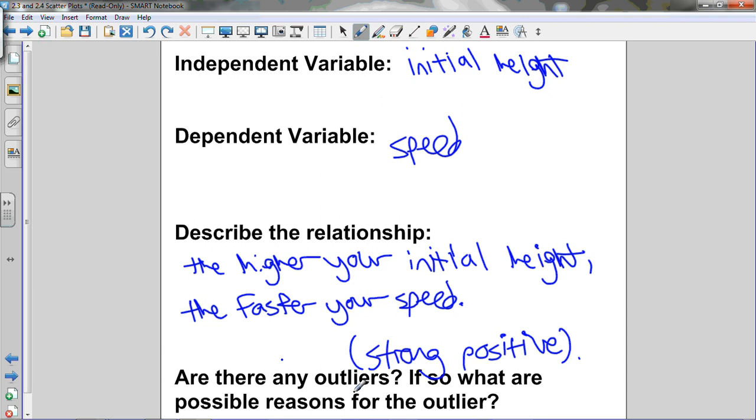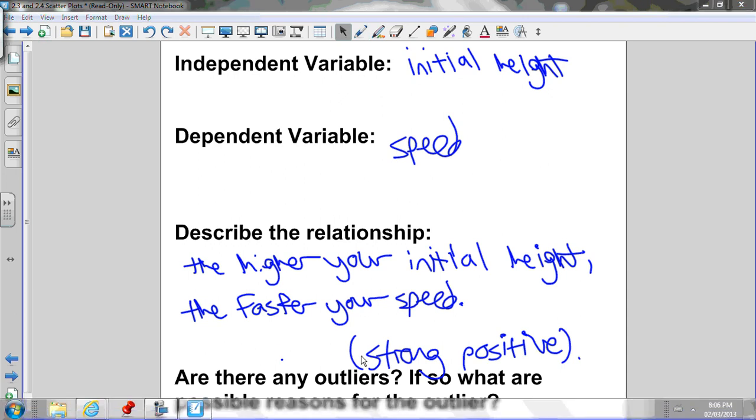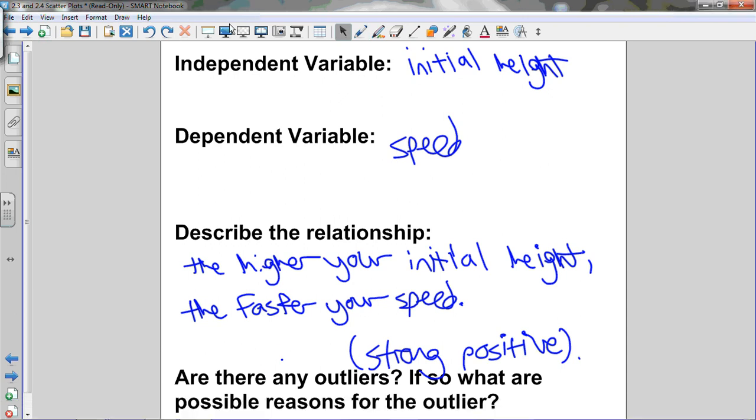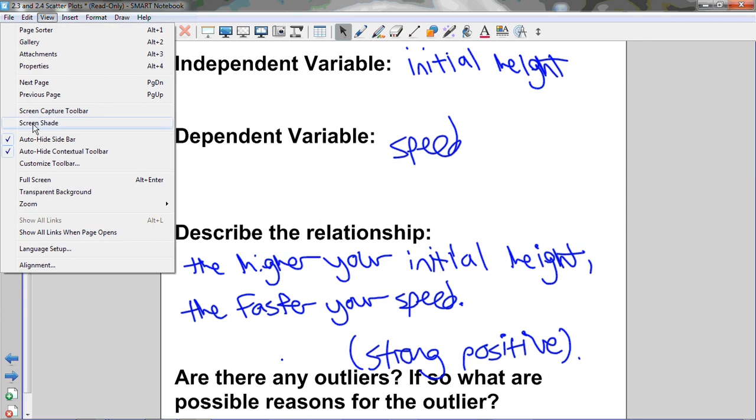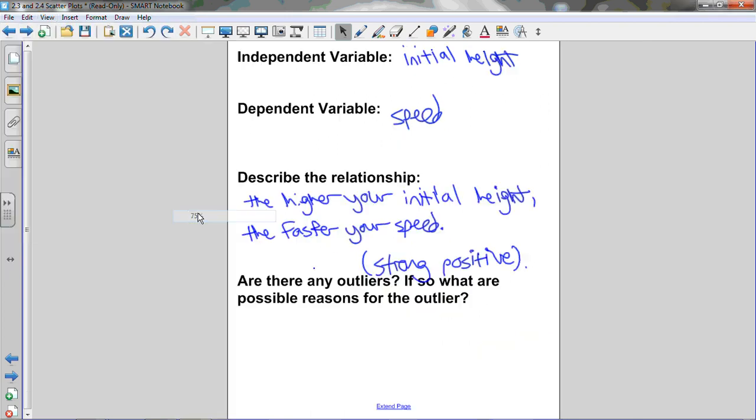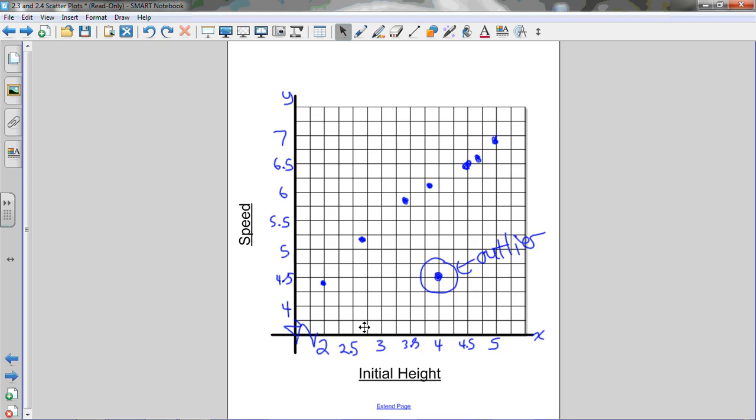Are there any outliers? Well, yeah, we discussed that already as well. Are there any outliers? If so, what are the possible reasons for the outlier? Well, let's think about what reasons could there be. Why, even though they started higher up the ramp, was their speed lower than it should have been?